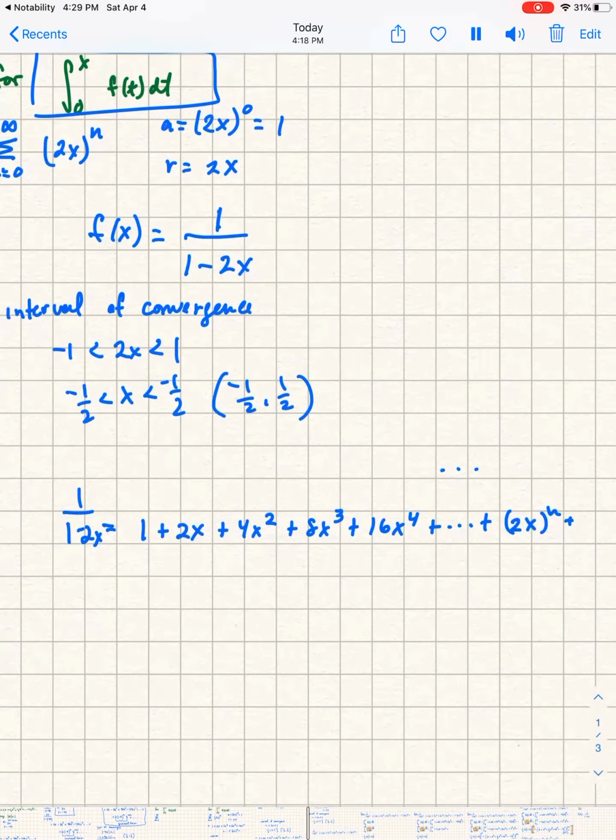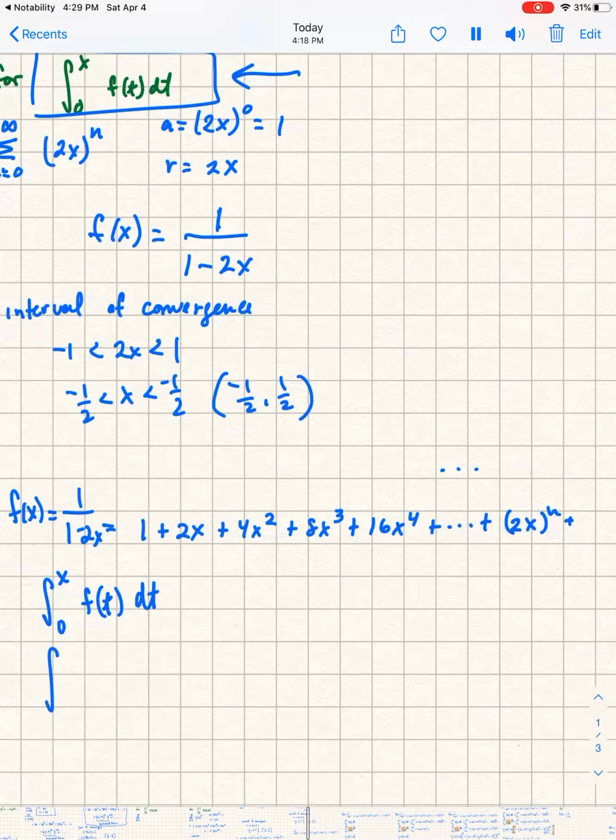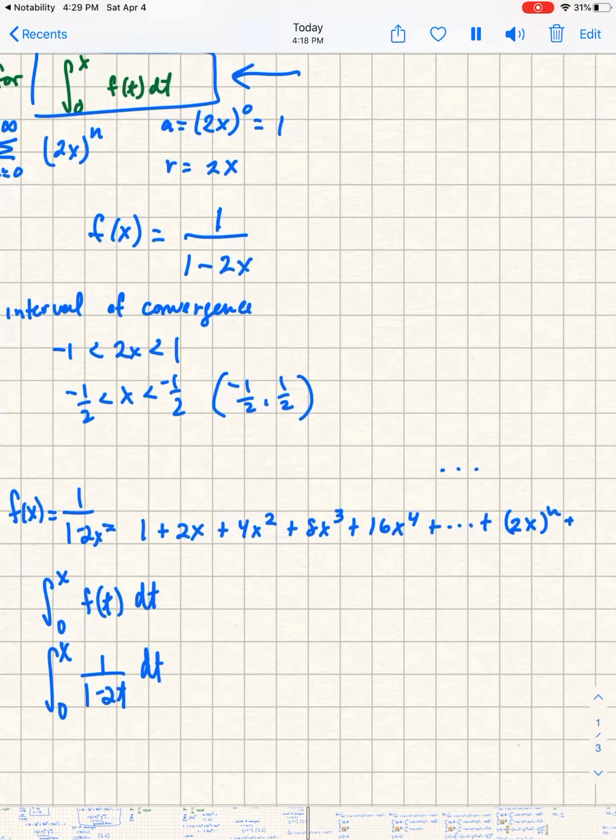Now, I'm going to do this up here. I want to do the integral from 0 to x of f of t dt. Now, this is my f of x. So what I'm really doing is the integral from 0 to x of this function, but I'm putting the t there as just a dummy variable.